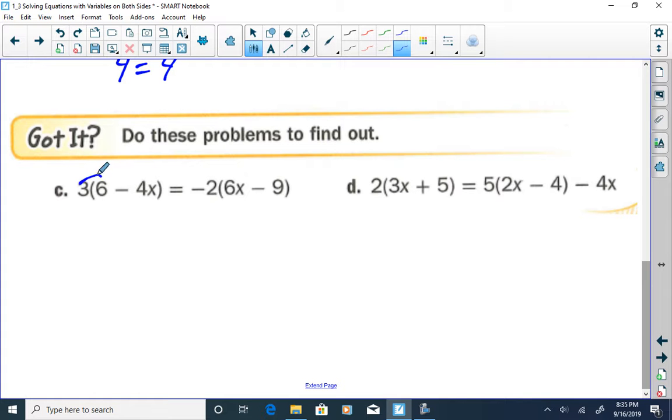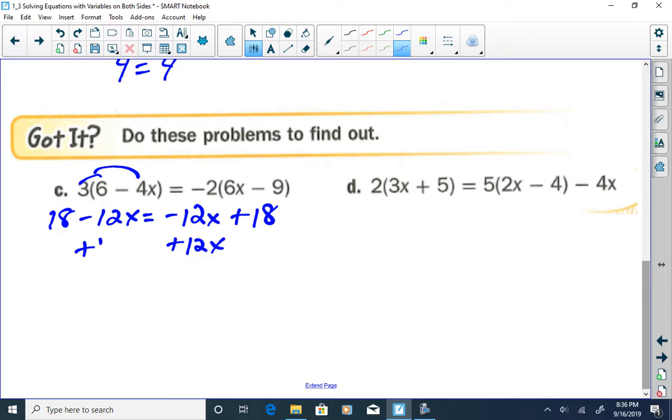I see the distributive property here, so let's do that. It's going to give us 18 minus 3 times 4 is 12x is equal to negative 2 times 6x is negative 12x, negative 2 times negative 9, positive 18. If I try to remove one of my variables, I add 12x to both sides of the equation.